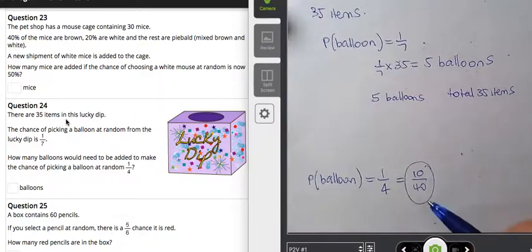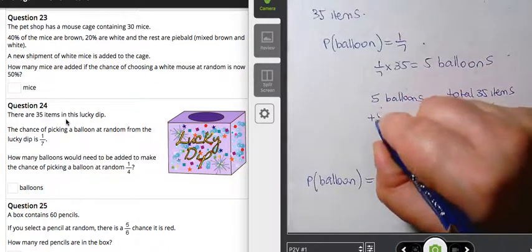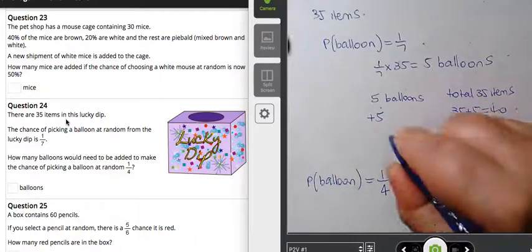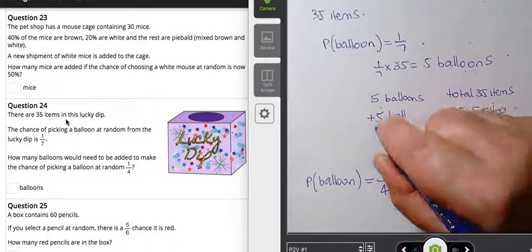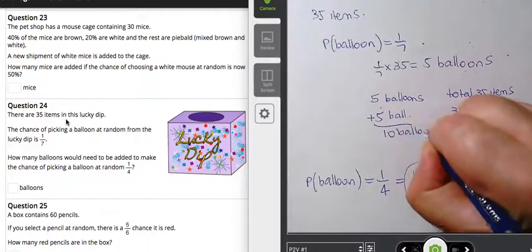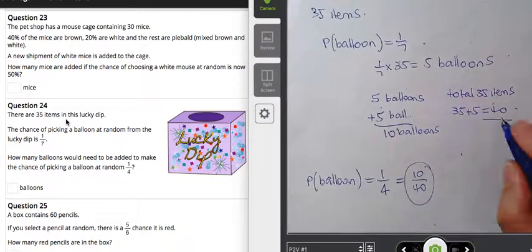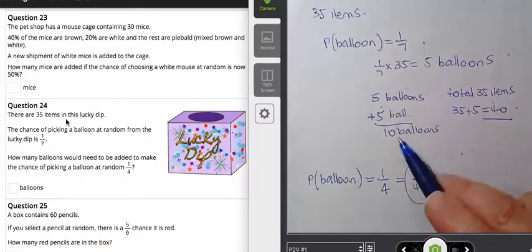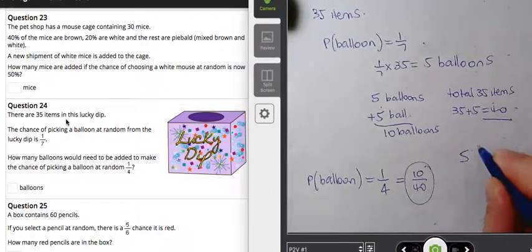So why don't I just add another 5 balloons, and my total will now be 35 plus 5 is 40. So if I've got 5 balloons already and I add another 5, I end up with 10 balloons. And my total items, if I have 35 and add 5 more, I've got 40. So the probability of a balloon will now be 10 out of 40. So how many balloons would need to be added? We add 5 balloons.